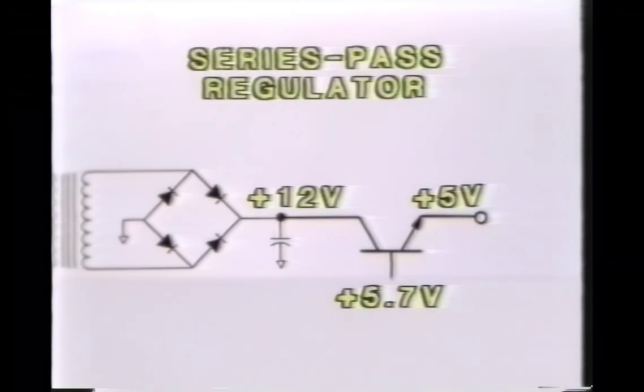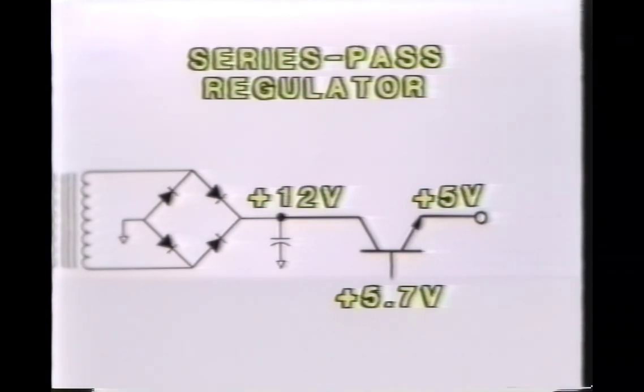And if the transistor is not turned on hard enough, the output voltage will be much too low. Seems like a tough job, doesn't it? Well, as usual, the things in electronics that seem difficult are really quite simple. To keep the output voltage at exactly 5 volts, all we have to do is put 5.7 volts on the base of the transistor. With 5.7 volts on the base of the series pass regulator transistor, the output voltage must remain at a constant 5 volts.